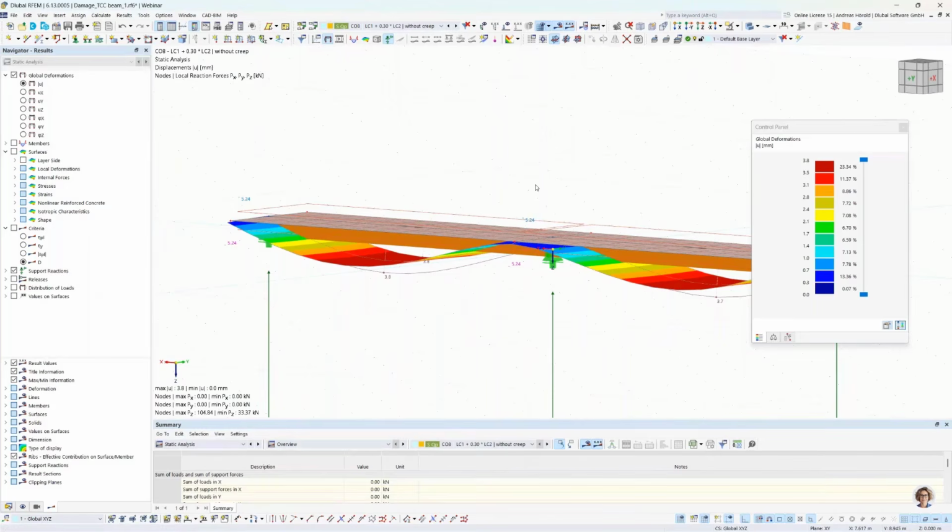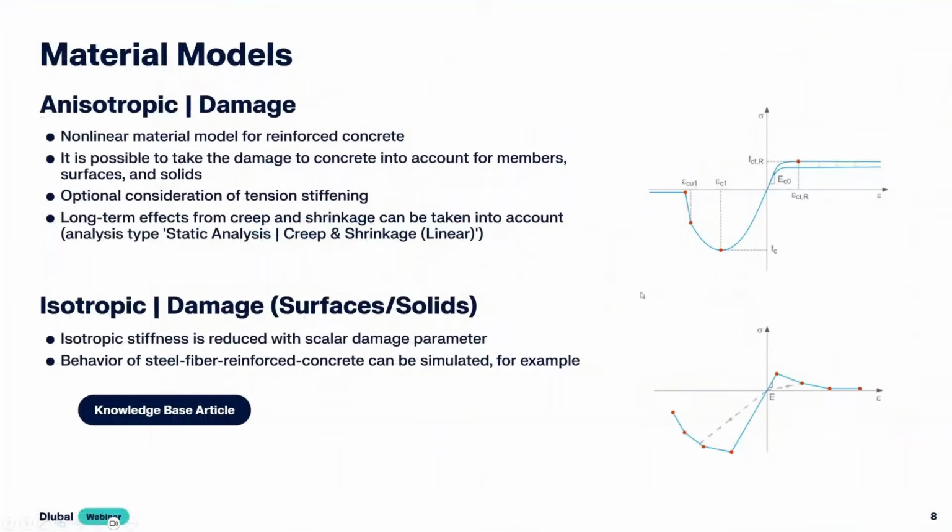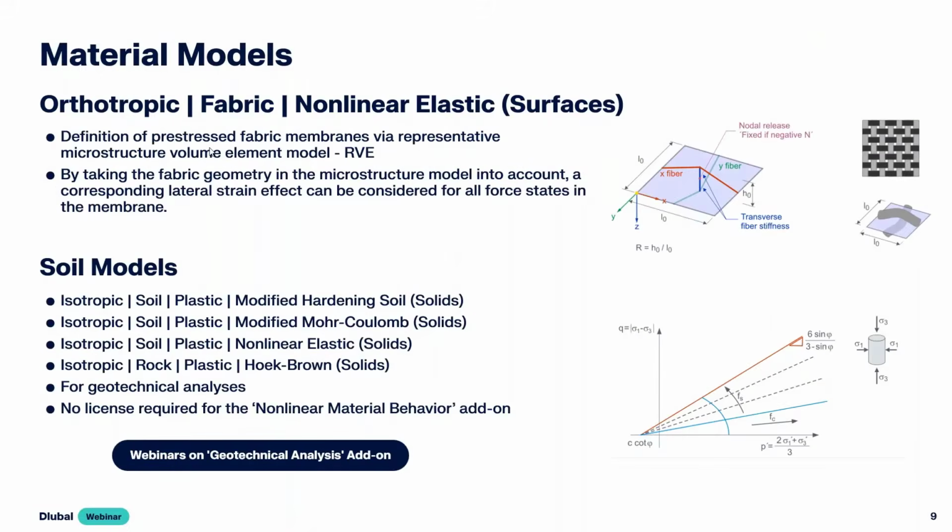Then let's turn back to the PowerPoint slides. This is the material model, orthotropic fabric, nonlinear elastic surfaces. As the name says, the model represents an orthotropic fabric with nonlinear elasticity. It includes pre-stress and also lateral strain effects using a microstructure volume element model.